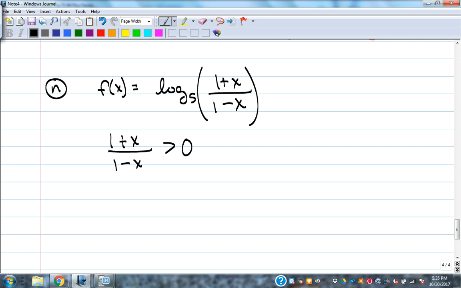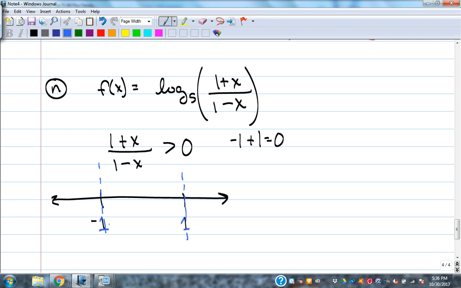Negative 1 would also, because negative 1 plus 1 is equal to 0. So I know the spots I need to check around are negative 1 and positive 1. Those are the boundaries that we're going to check.